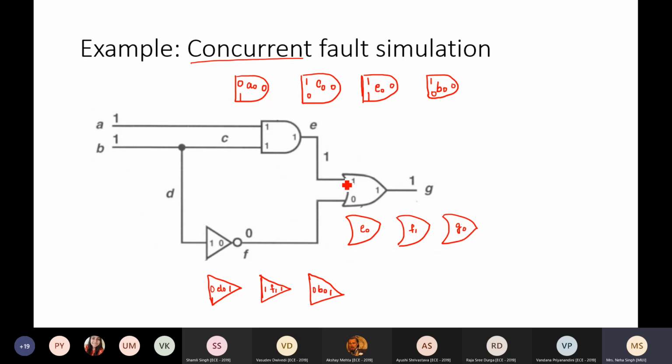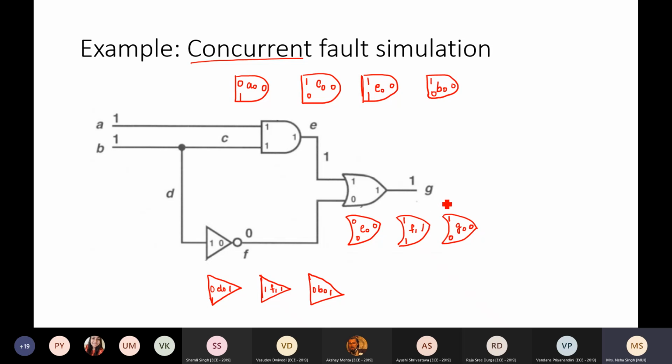If E is stuck at 0, the inputs become 0 0 and correspondingly output becomes 0. F stuck at 1, so E remains 1, F also becomes 1, so G remains 1. G stuck at 0 means E's actual value 1, 0 for F and G becomes 0.